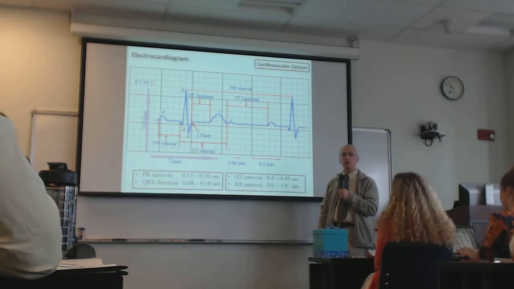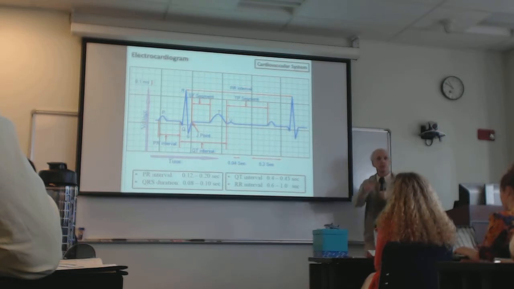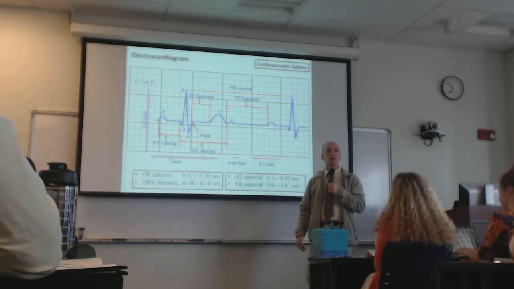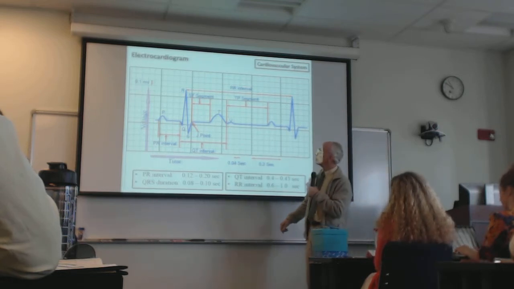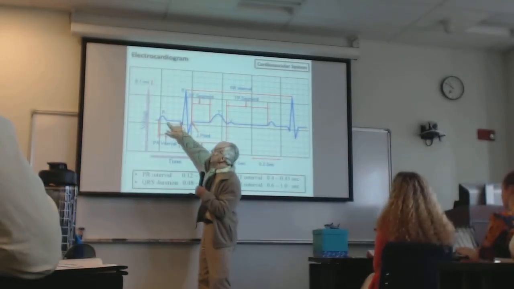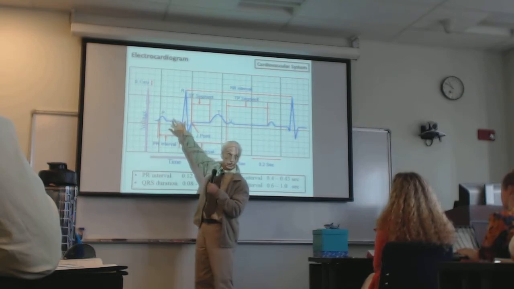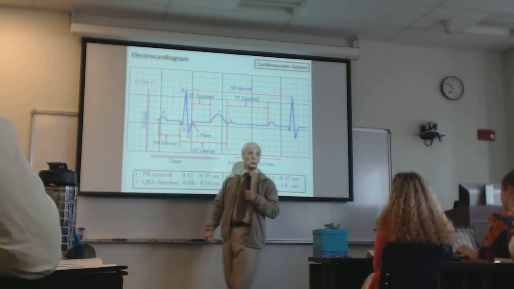What does that correspond to in terms of what's happening in the heart? Isn't it the depolarization of the atrium and then the repolarization of the atrium? Well, that's true. But what's responsible for this distance more than anything else? The delay in the AV. Yeah, the delay in the AV.